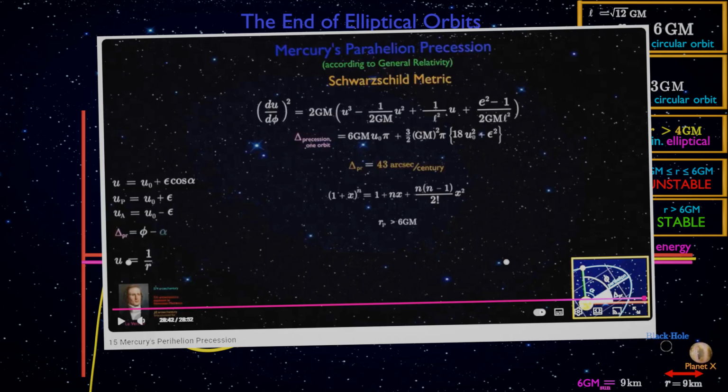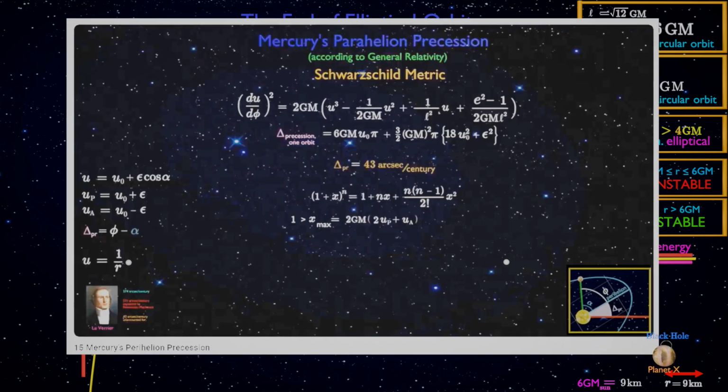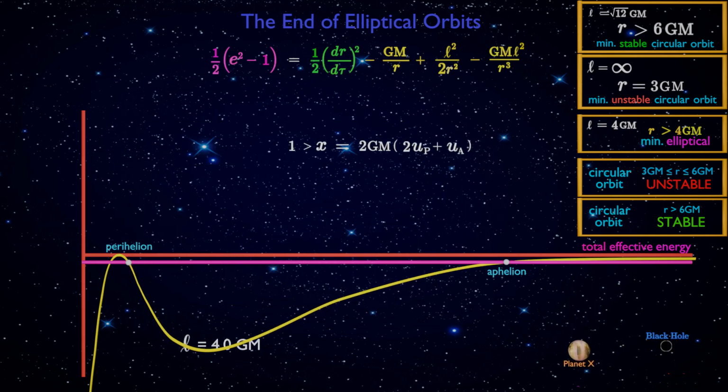The 6 GM number was based upon a binomial expansion with an x value of 2 GM times 2uP plus uA needing to be less than 1 for the expansion to converge. However, let's now be more careful in estimating the size of this x value.